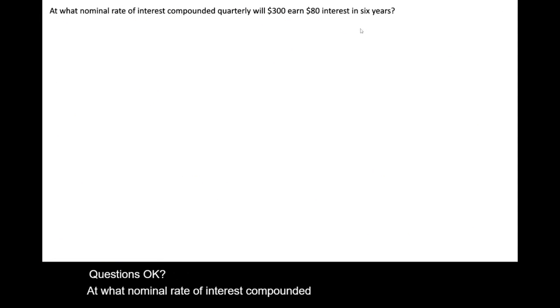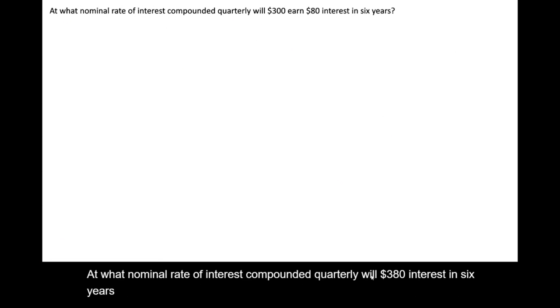At what nominal rate of interest compounded quarterly will $300 grow to $380 in 6 years? Okay, take 1 minute, do it.